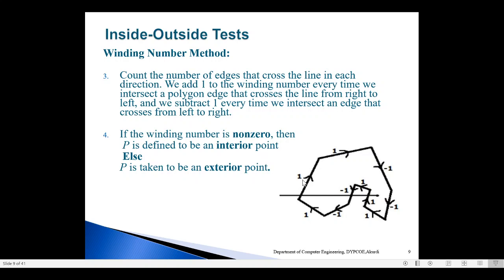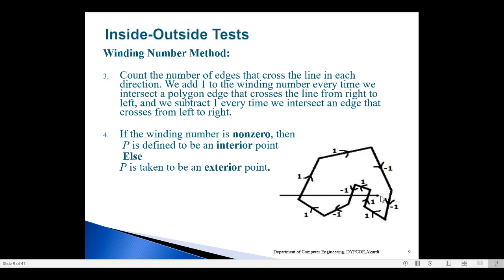So here we'll find the net weight. So how we'll find the net weight? For example, this scan line is crossing 3 lines. So we'll combine the weightage of 3 lines. So if the weight is non-zero, then point will be lying inside the polygon. If weight is 0, then point will be outside the polygon.